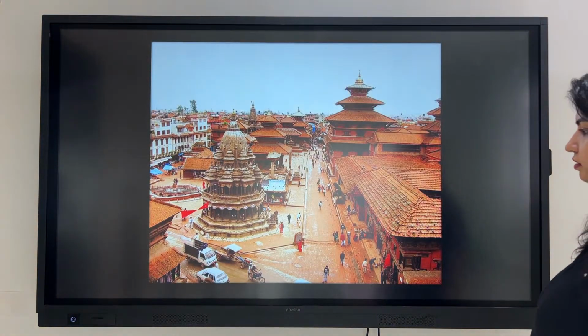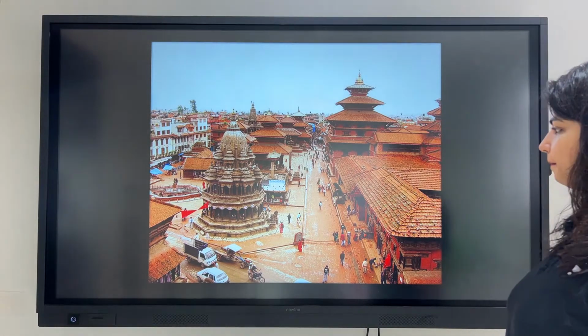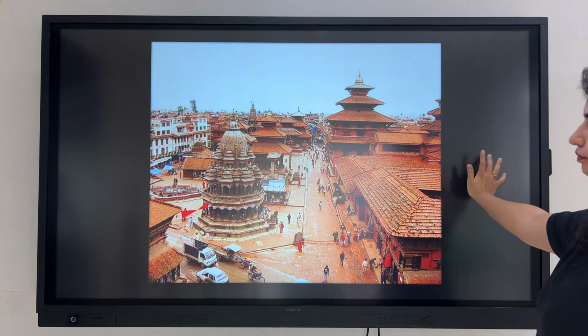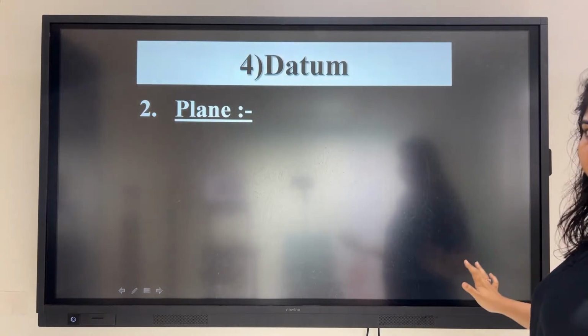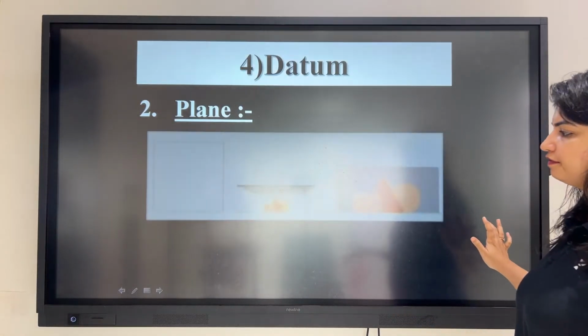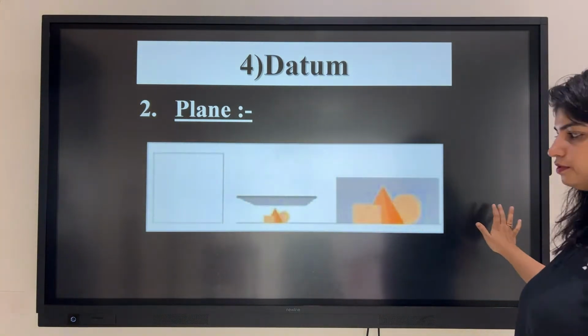Yeah, see, this is the actual picture showing you the reference line, the datum into which the things are being divided. It was in the form of a line earlier, the second is in the form of a plane if it is divided. You will have the plane and into it you will have certain objects.